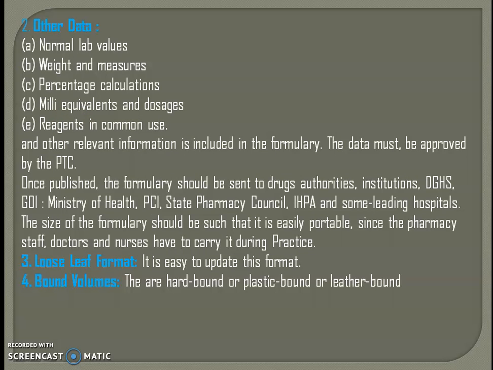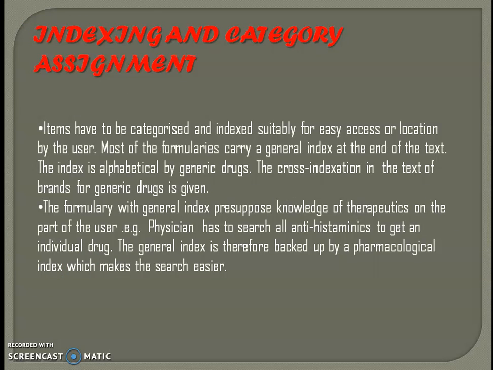Then other data should include normal lab values, weights and measures, percentage calculation, milliequivalents in dosage, reagents and components. Then loose leaflet formats are there, bound volumes are there. Okay, so indexing and category assignments.